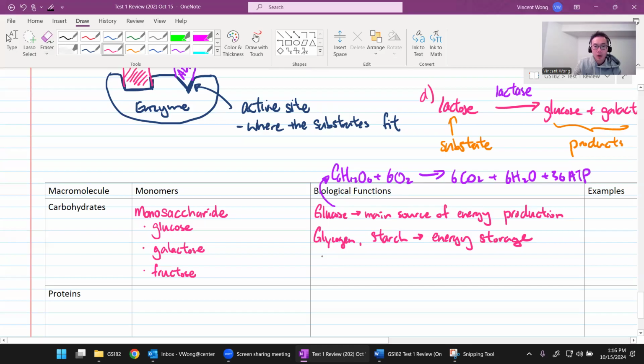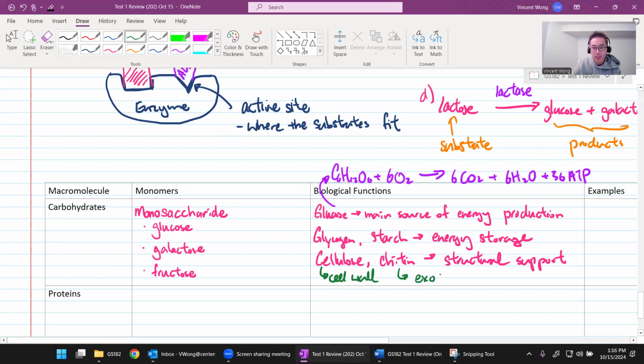Okay, we can also use them for structural support, like cellulose, chitin. These are for structural support. Cellulose would be like the cell wall of a plant.